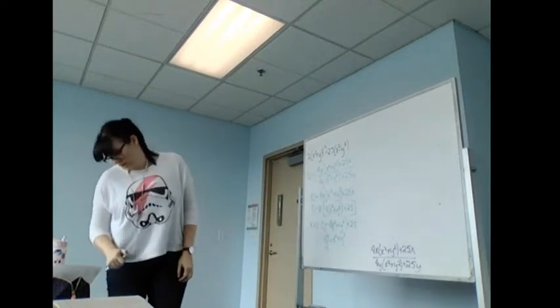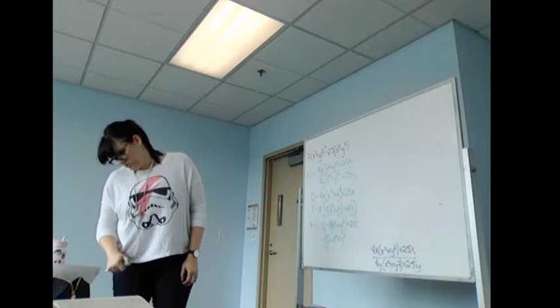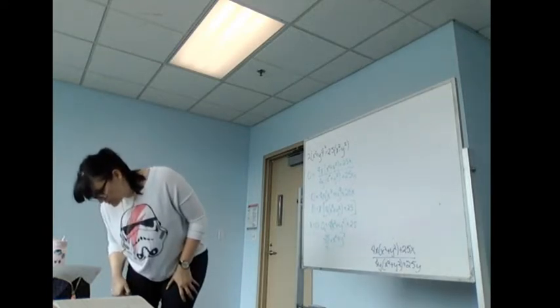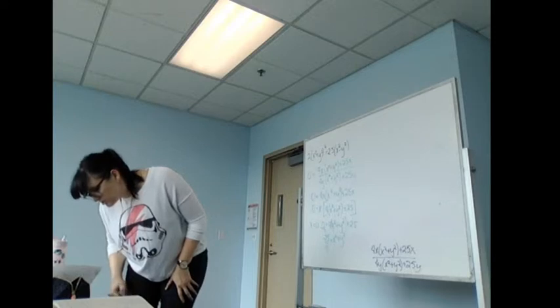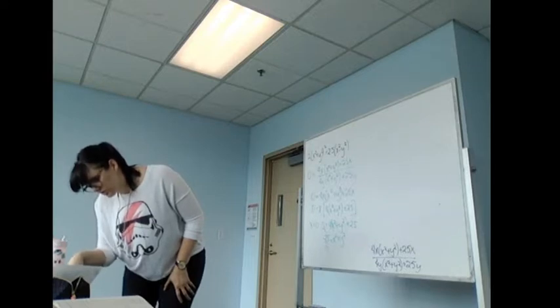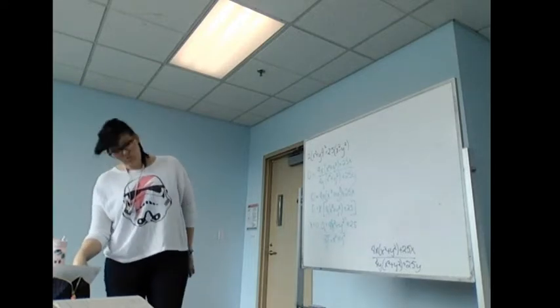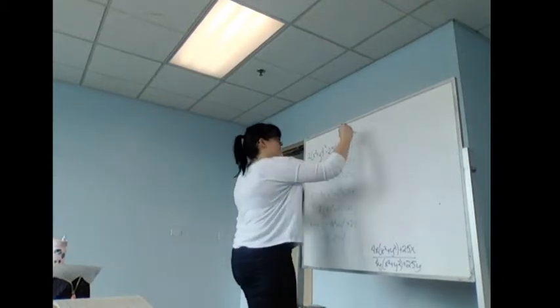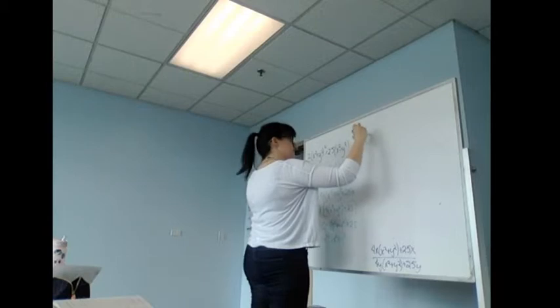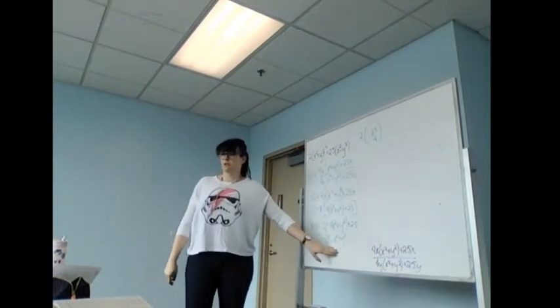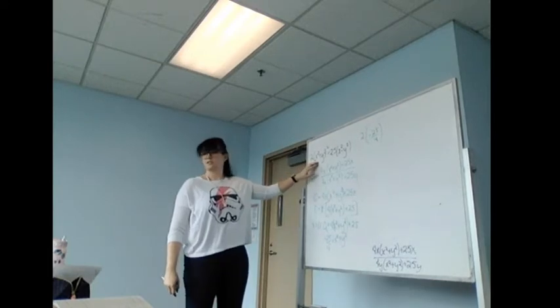How did I get rid of my y? Oh, I didn't. Where did I get that? 2 times 25 squared. Oh, I substituted. 2 times negative 25 over 4, because this is x squared plus y squared. So is this.